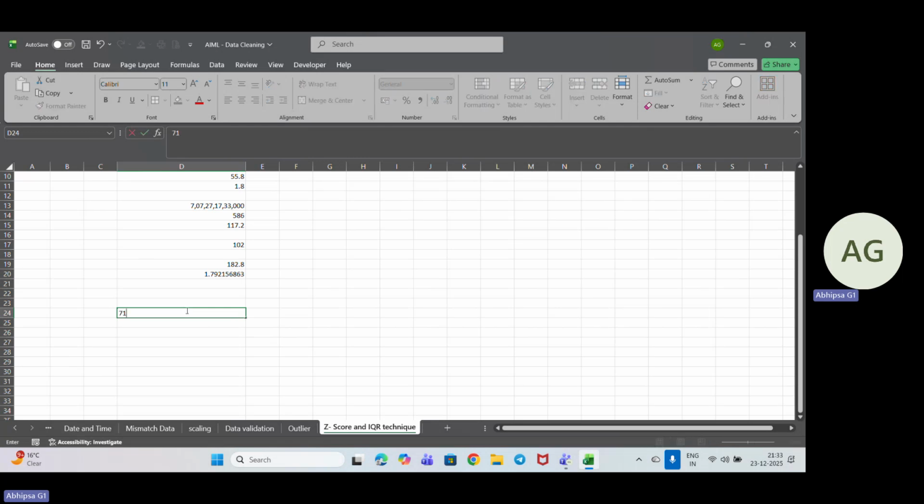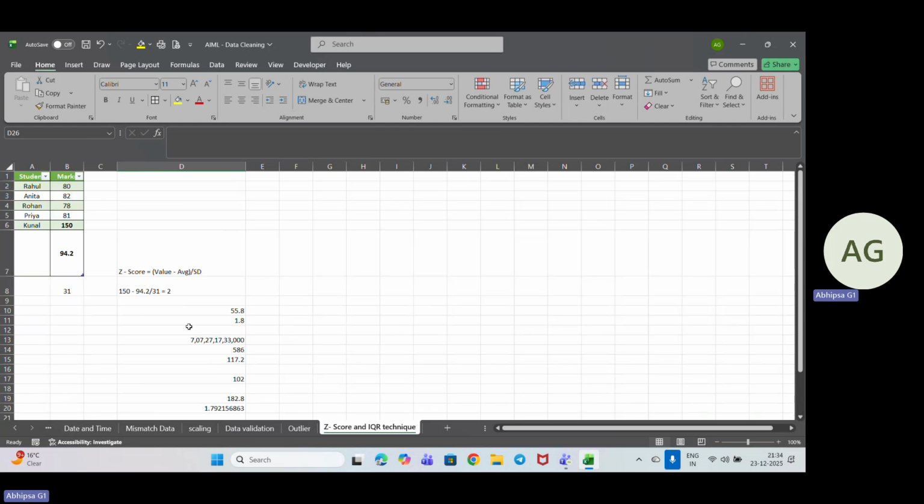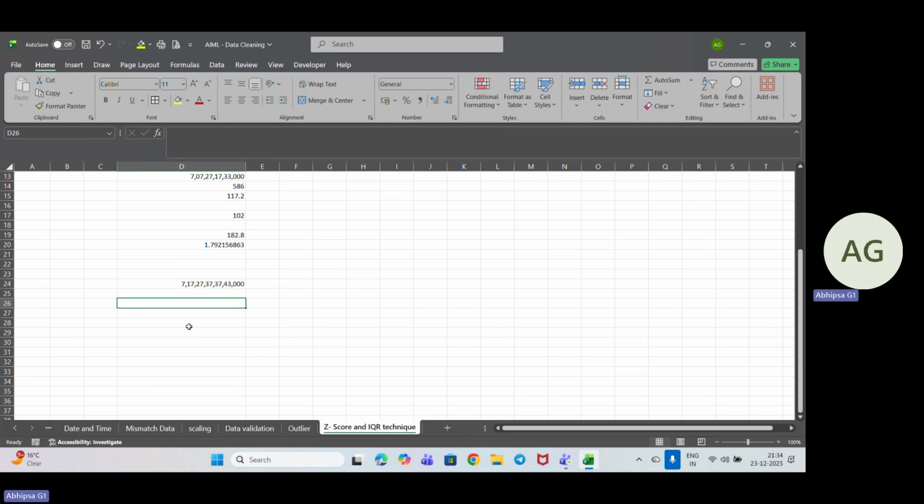With values 71, 72, 73, 70, 74, 73, and 3000, my Z score will be coming way higher, right? So we can definitely figure out that this value is way too huge. So in that case, we have to take the Z score accordingly. This is how we find out the Z score values.